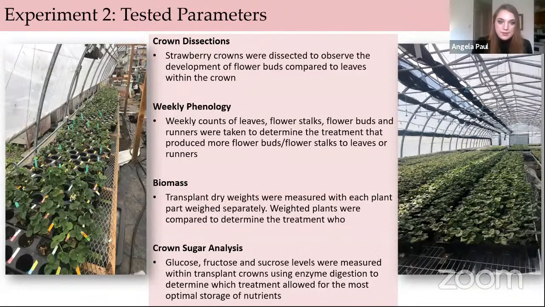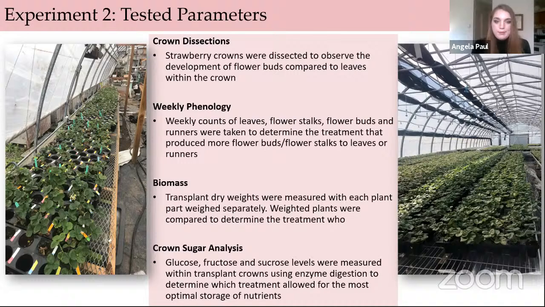So for this experiment, I considered 4 different parameters. Again, I considered weekly phenology, counting the different leaves, flower stalks, flower buds, and runners. I also wanted to look at the dissection of crowns by opening up the crowns and looking to see the flower bud induction happening within the crown and count the amount of flower buds that I found.